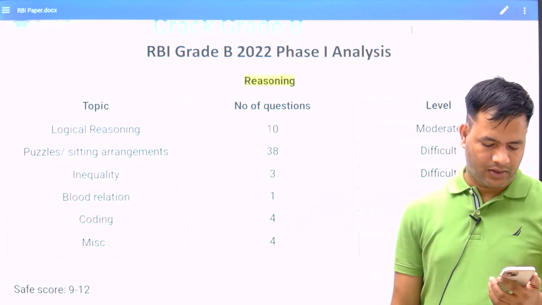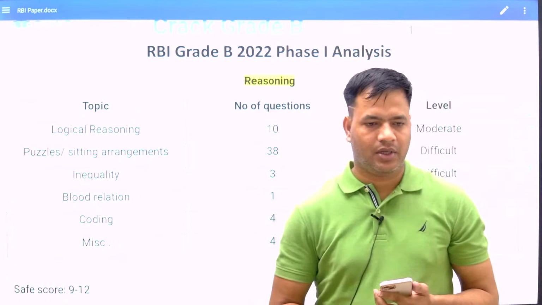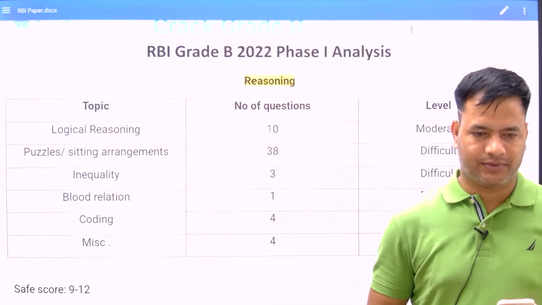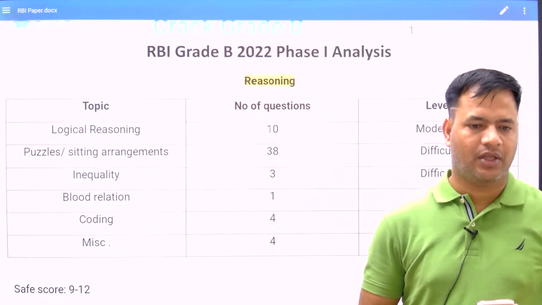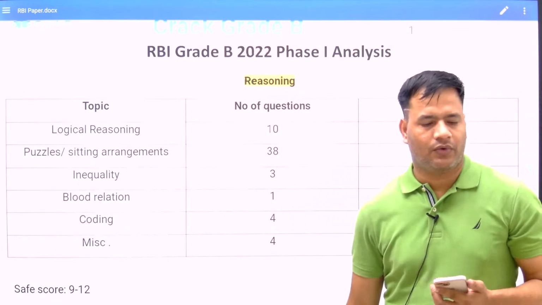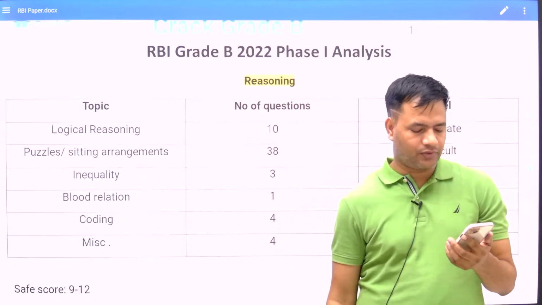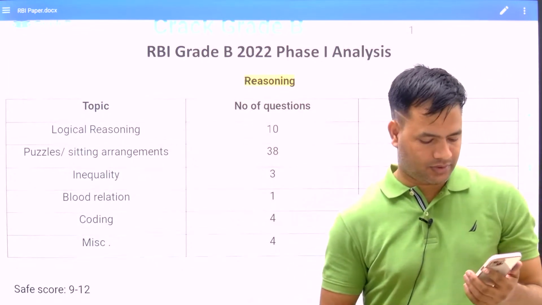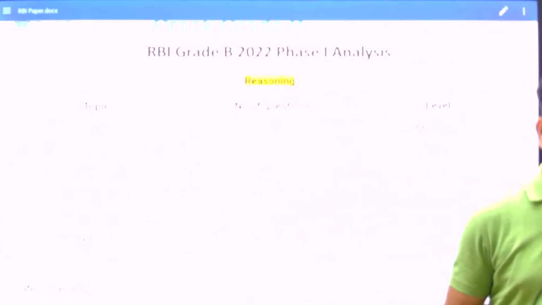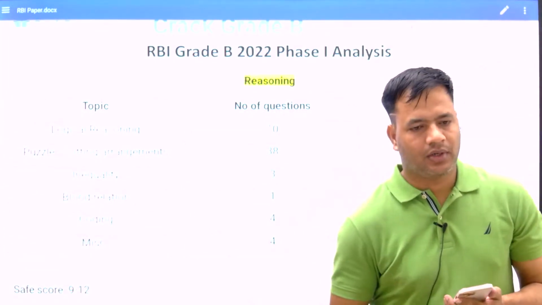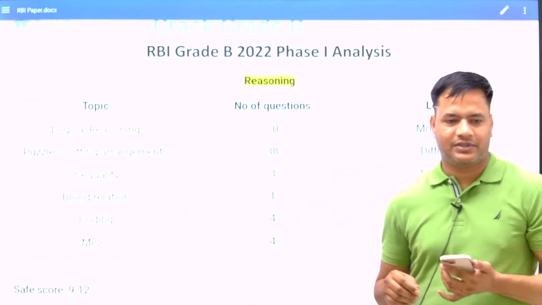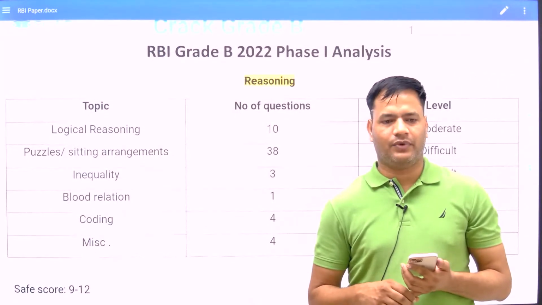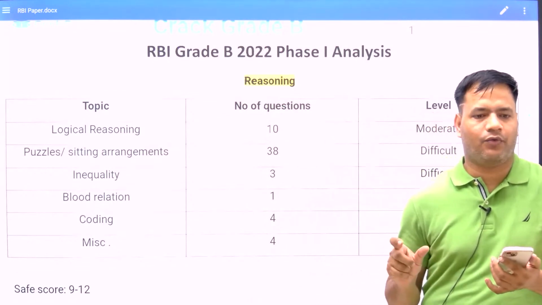If you have attempted some questions in practice sets, the coding questions were not difficult. A simple trick was there. I think I have received some feedback from the students. In that question, the last symbol for every word was decided based on the vowel.